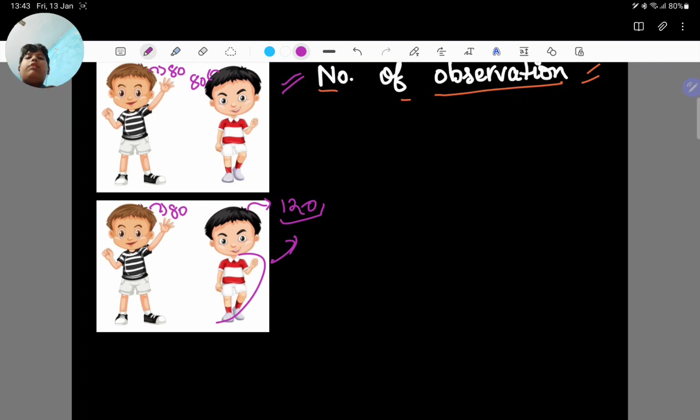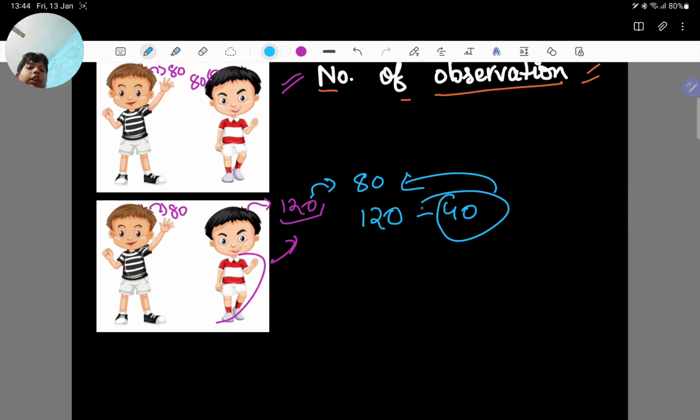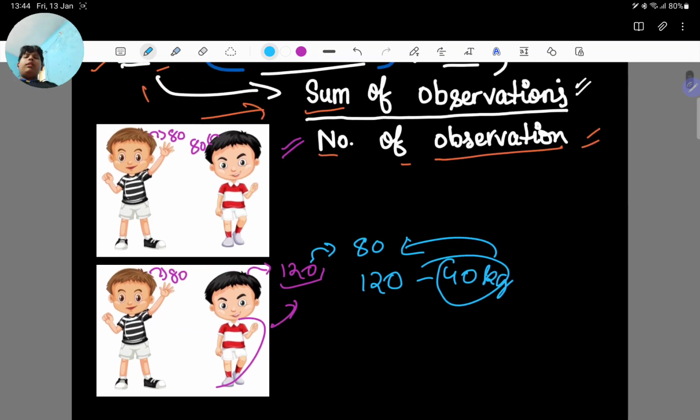So now what we will do is make this 120 into 80. We can do this by subtracting 40 from 120. So this makes it 80, and now we have 40 left with us. The average now comes to 80, but 40 is left.